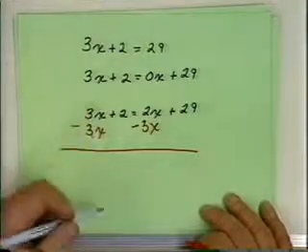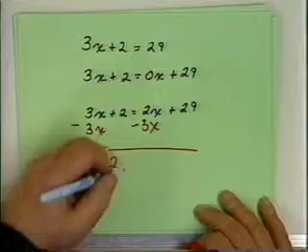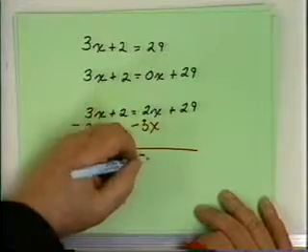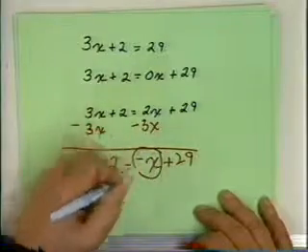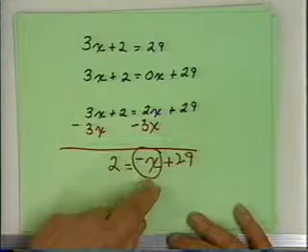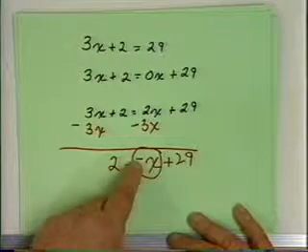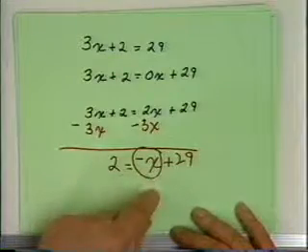If I elect to subtract 3x from both sides of this equation, the left-hand side becomes 2. 2x minus 3x is negative x. And you see what's happened over here is I now have an equation that involves negative x rather than positive x. So when I finally solve this equation, I have to remember I've found the opposite of x and hence have to take the opposite of the opposite to find x.